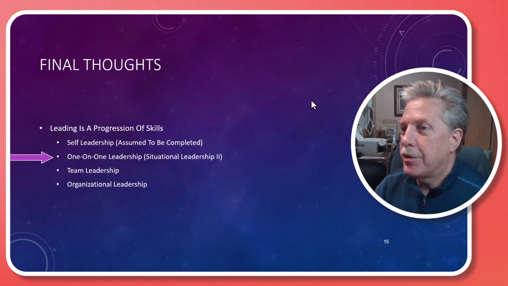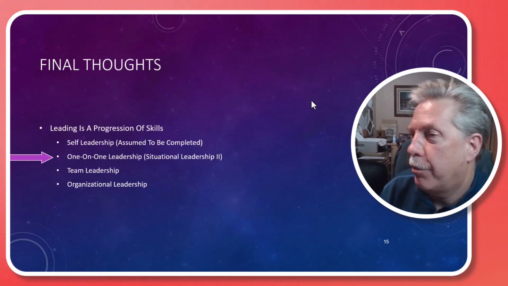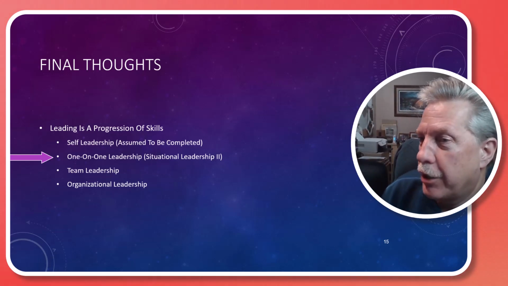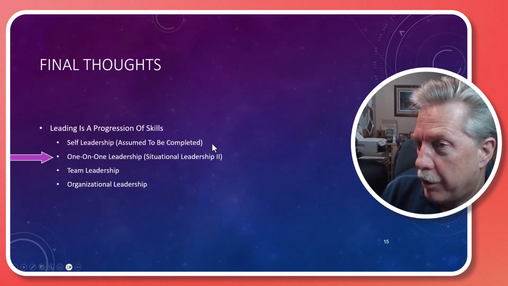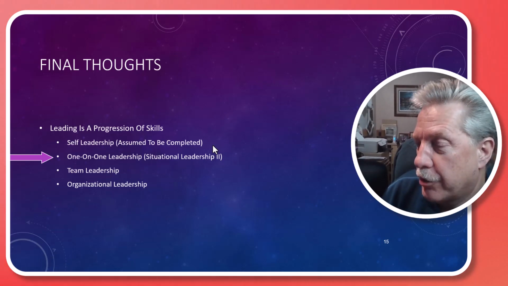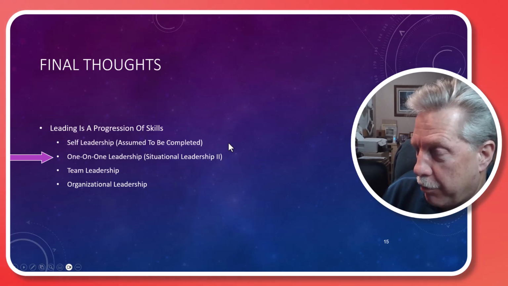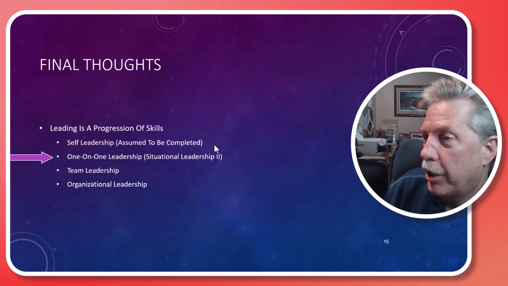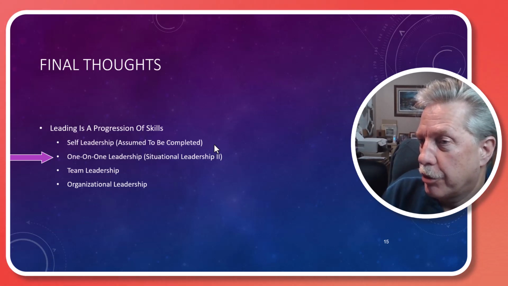So some final thoughts: this is a progression of skills as a leader or a project manager. You want to make sure that you're aware of where you are in your own self-leadership. By watching a video like this, you've already realized that you need to potentially look at how you lead your team members.